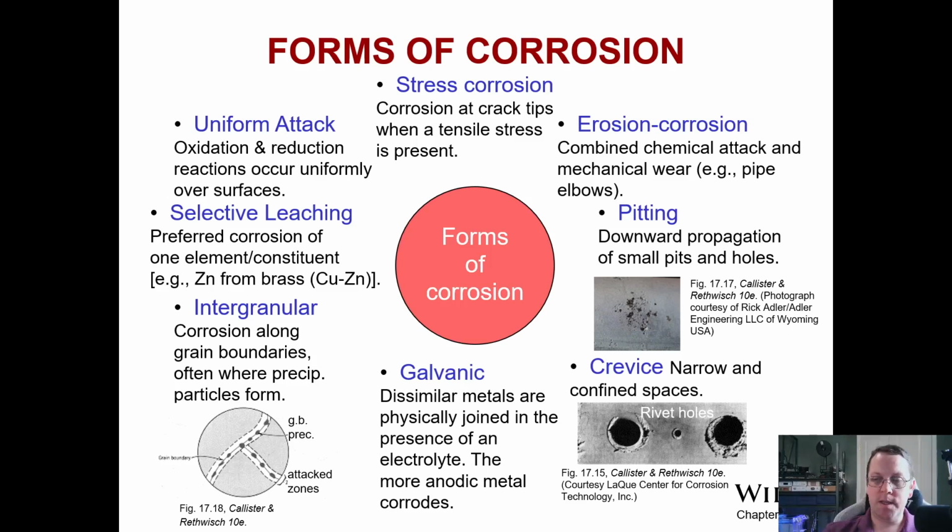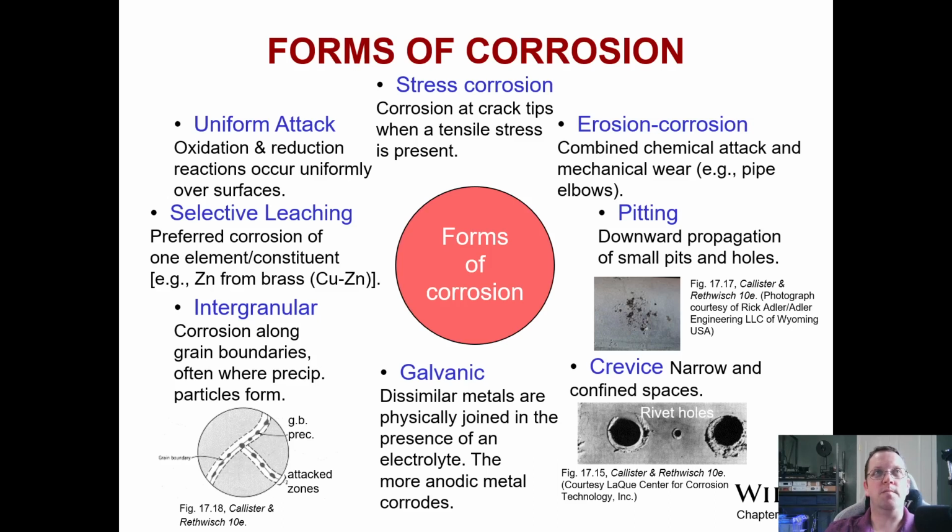This selective leaching happens to be something that allows for something like zinc to be pulled out from copper brass material or something of that nature. So one thing is selectively pulled out by the corroding process.